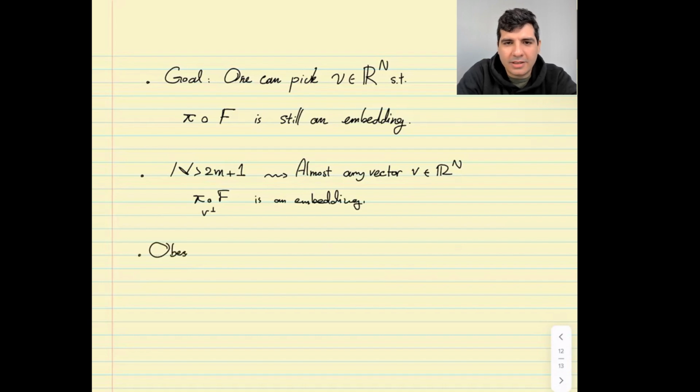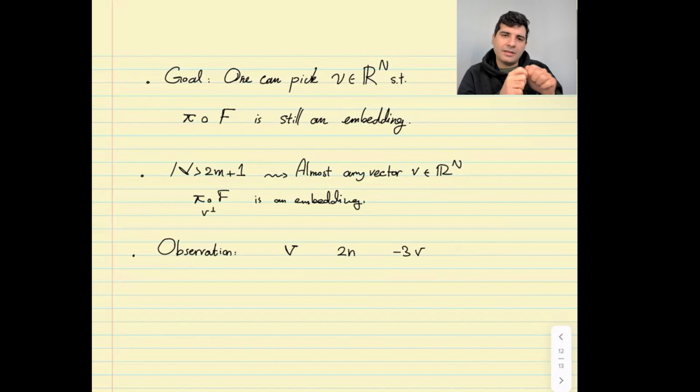Let's have an observation. I want to say what is the idea of the proof. The point is that if we pick the vector v, or the vector 2 times v, or minus 3 times v, the direction they give us is the same, right?